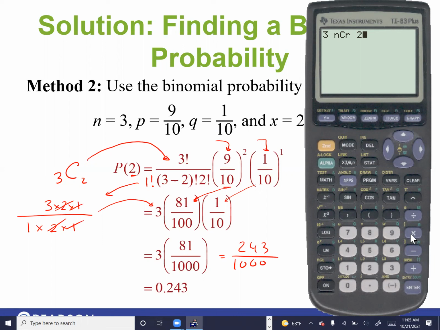So then let's click on multiply right over here, because I'll separate this all out by itself. And notice instead of putting in 9/10, it's a lot easier to just put 0.9. Then we have this caret button. It's right over here. It takes us into the exponent mode.